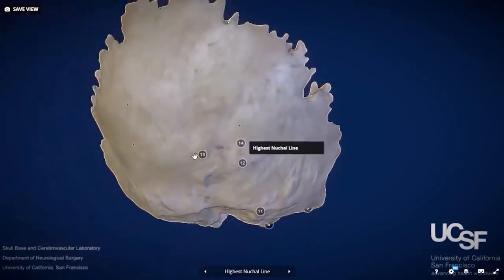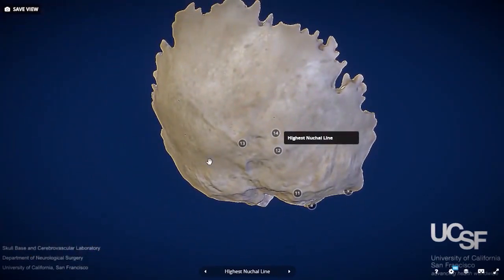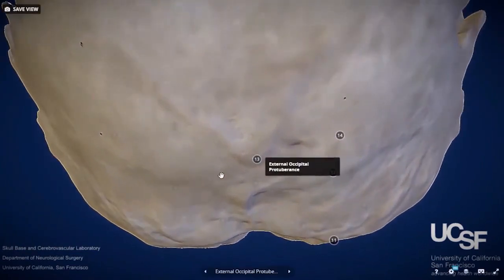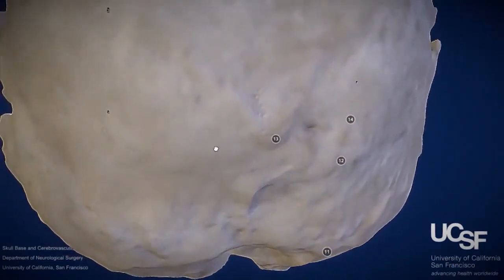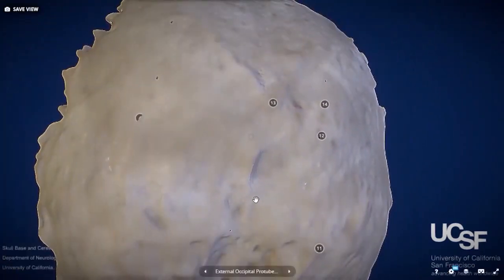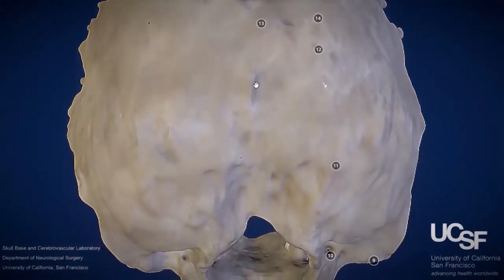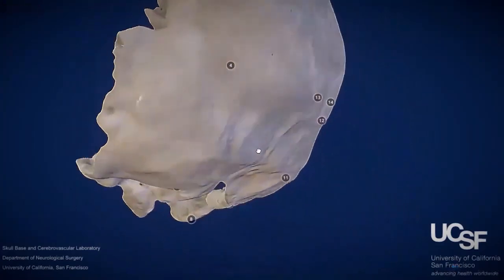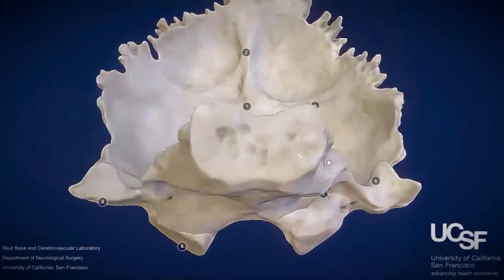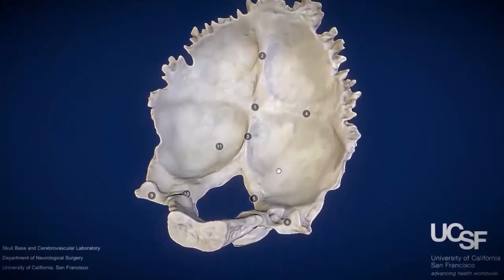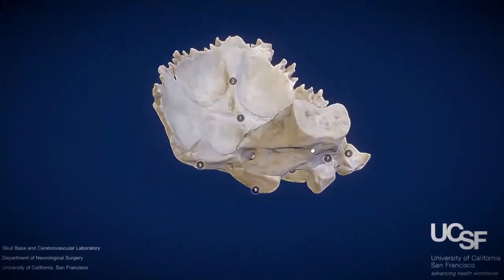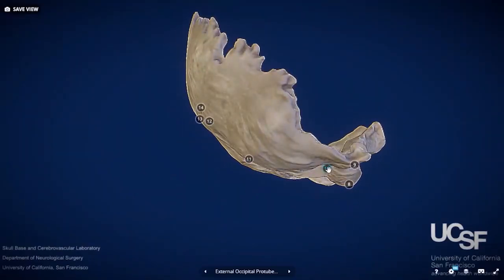Superior to that nuchal line, we have the highest nuchal line. Just in the midline, we have the external protuberance, also called the inion, and medially there's going to be a medial nuchal line. And that's an overview of the occipital bone which is going to be part of the craniocervical junction.